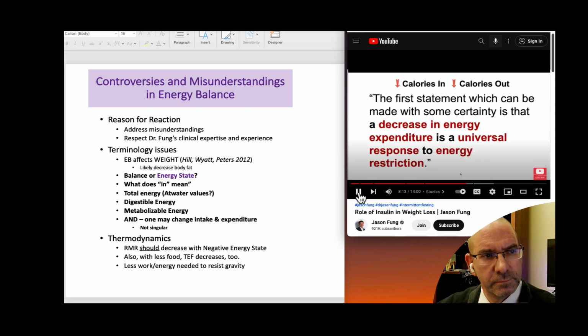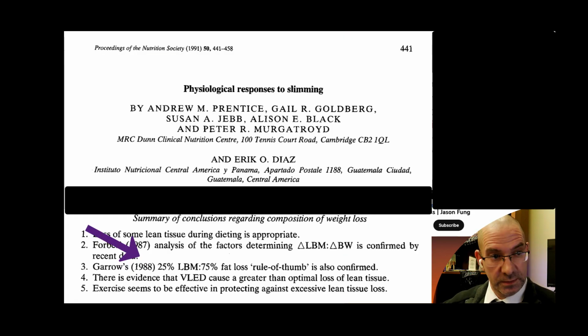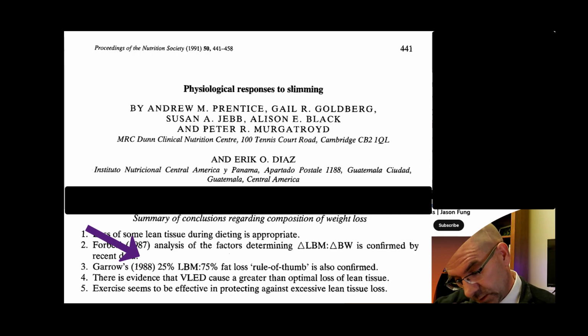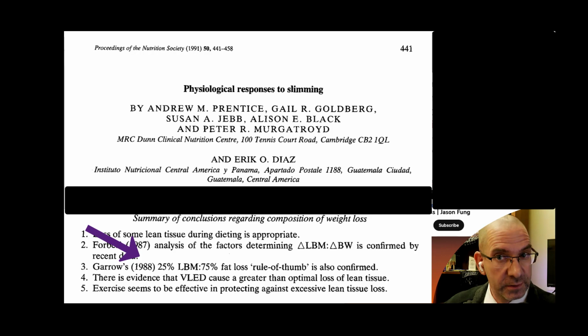Their conclusion was this. In this study, what they also showed was that people typically lost, when they did this energy restriction, 75% of the weight as fat and 25% as lean body mass. And that could be water, protein, muscle, whatever. So you have to be careful when you hear lean.